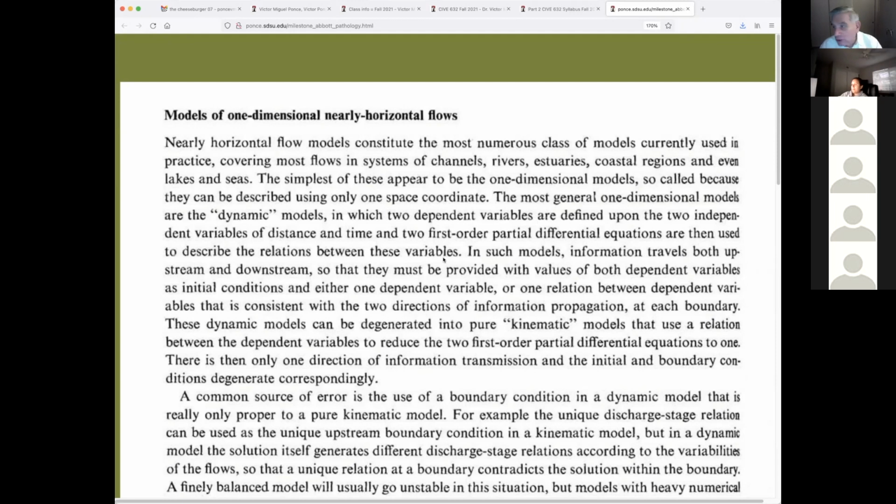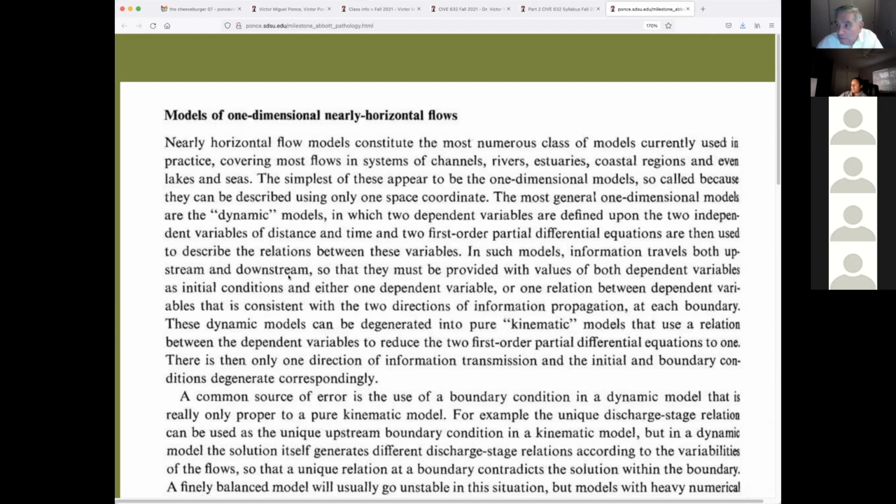That means the equations that I presented to you today in Rosa's thesis. In such models, information travels both upstream and downstream. Aha! What's this? Information travels both upstream and downstream. They are dynamic models, and dynamic models have two solutions. So they've got to have one wave going upstream and one wave going downstream. That is under subcritical conditions, because under supercritical conditions, it turns out that both waves travel downstream.